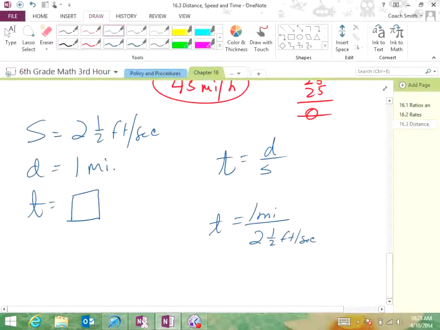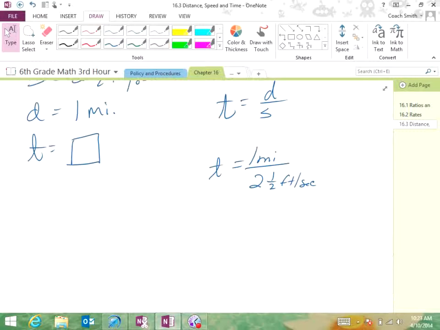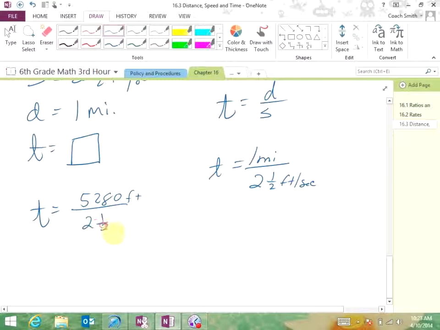Now, we have to have the same unit of measurement. Feet and miles are not the same. So that means that time is equal to 5,280 feet over 2.5 feet per second. Yep. No, I just made that up so y'all would memorize the wrong number.